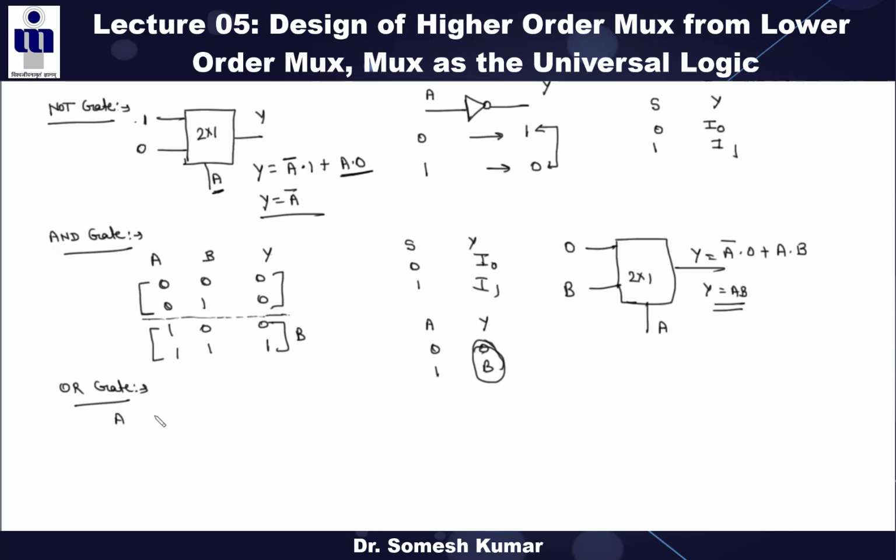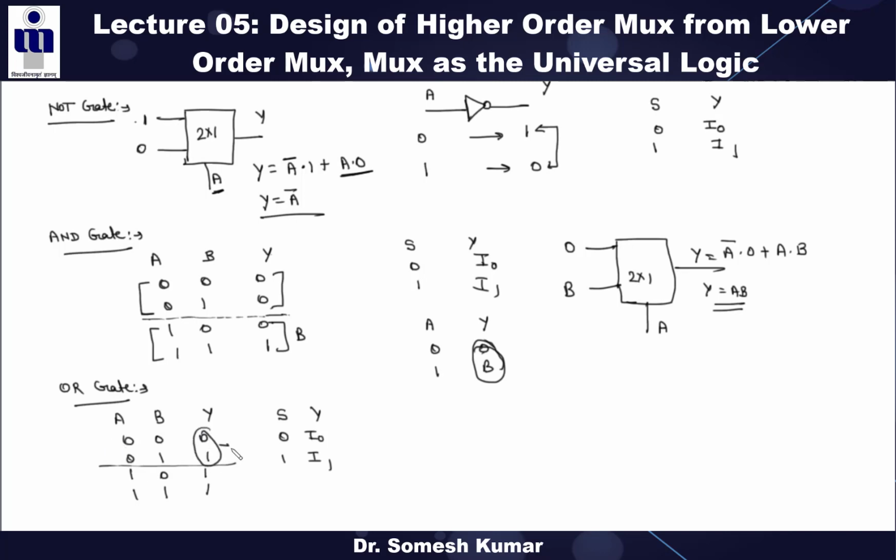So first you should know the truth table of your OR gate, and this is the truth table of your OR gate, and this is the truth table of your 2:1 mux. Now if S is 0, or we can say A is 0, what is the output?